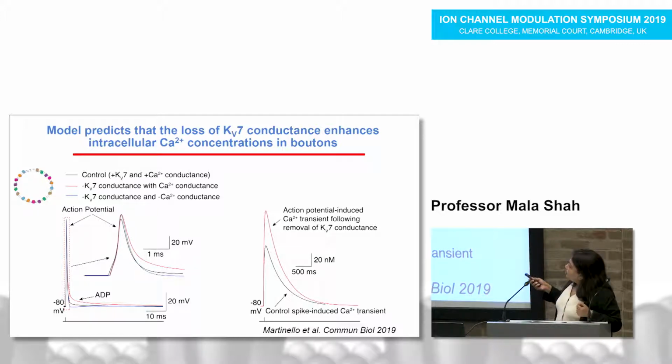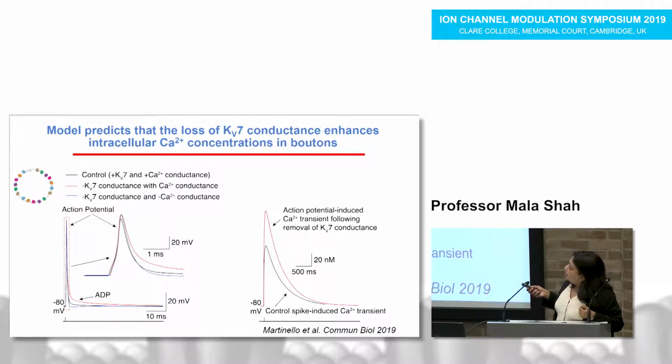And if you look at the simulated calcium signals within the bouton, you can see that the calcium transient elicited with a single action potential is much greater when you remove the Kv7 conductance than in the presence of the Kv7 conductance.